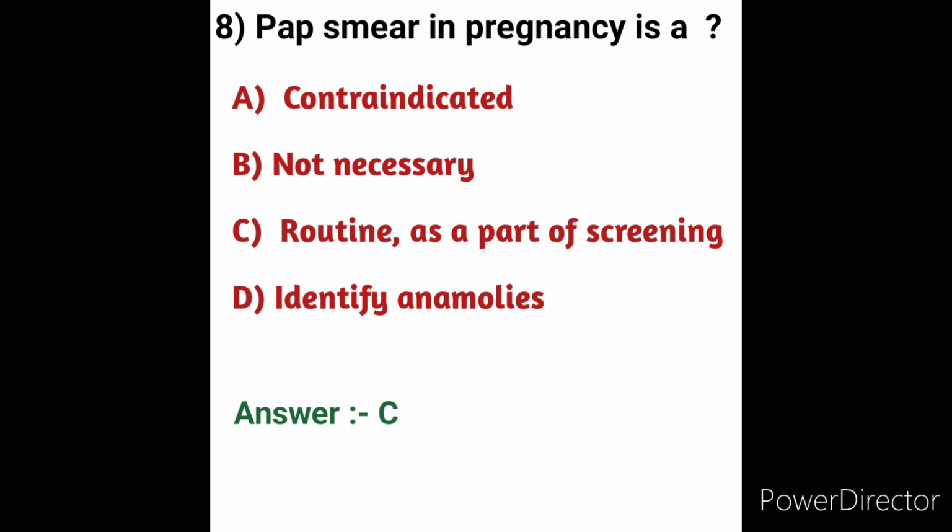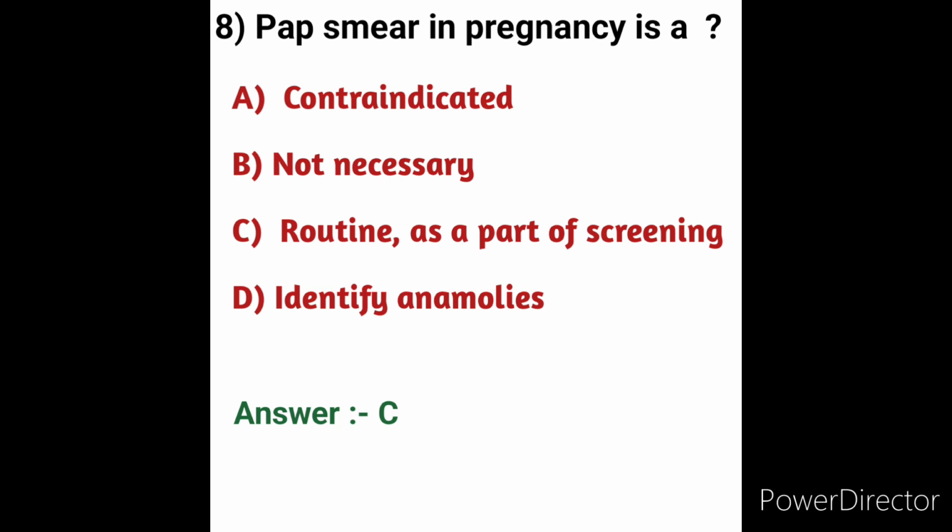Options: option A contraindicated, option B not necessary, option C routine as a part of screening, and option D identify the anomalies of fetus. The pap smear test is a pap test. A pap test looks for precancer cell changes on the cervix that might become cervical cancer if they are not treated appropriately.